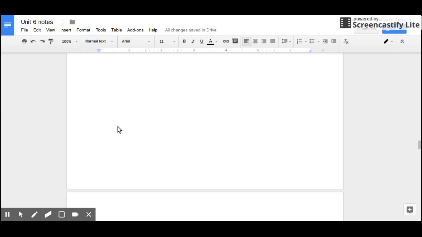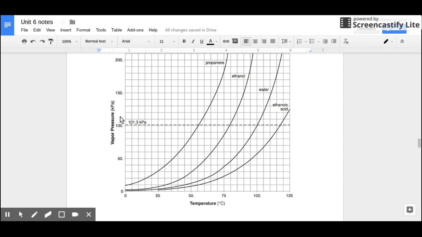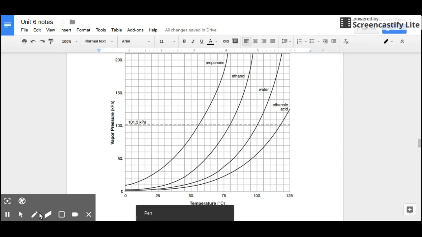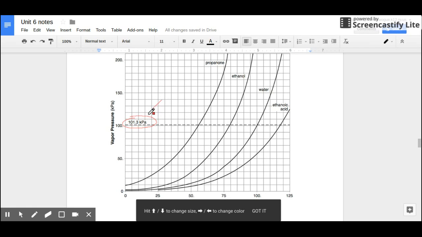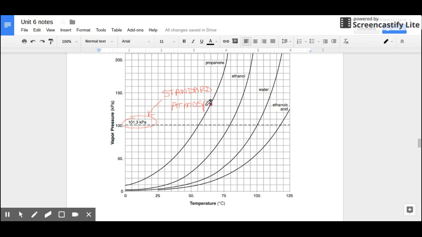One last thing about vapor pressure: when the vapor pressure and the atmospheric pressure are equal to each other, the boiling point is reached. Right here, 101.3 kilopascals is standard atmospheric pressure, the standard temperature and pressure that we always talk about.